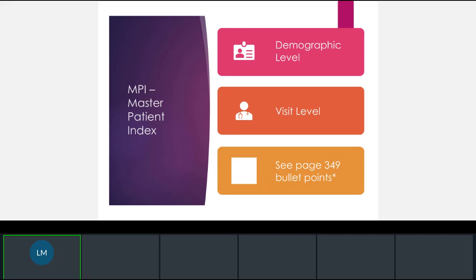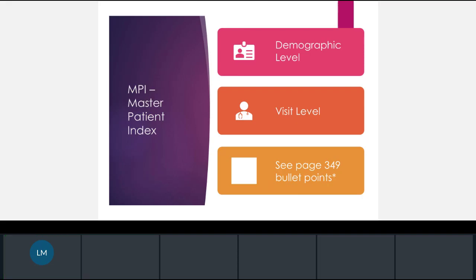Every patient that gets registered to receive care, whether they're an inpatient, an outpatient, an emergency room patient, anything at all, referral, home care, any care that's provided by the facility, has to be listed individually in that Master Patient Index. They talk about the Master Patient Index being probably the most important thing that a facility can maintain.